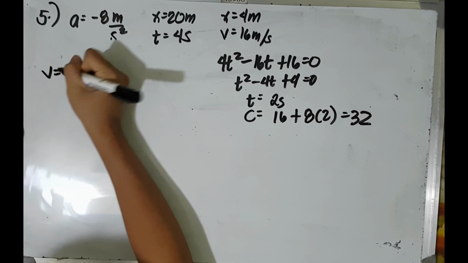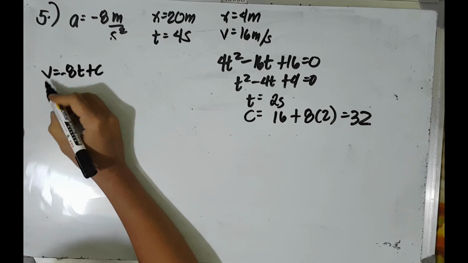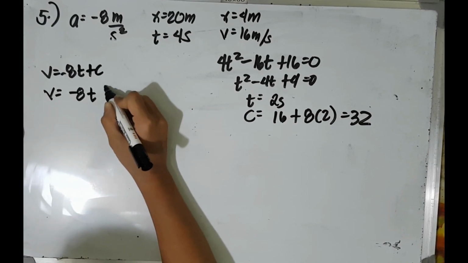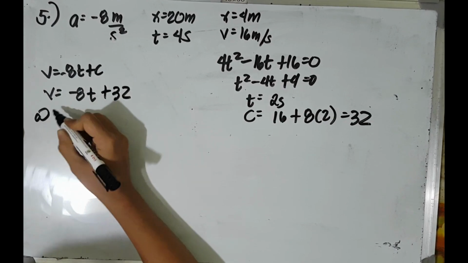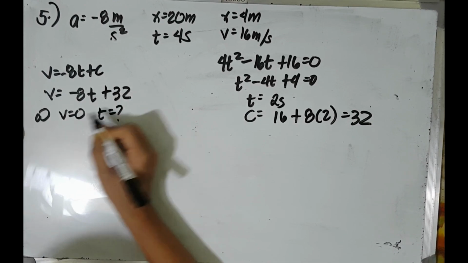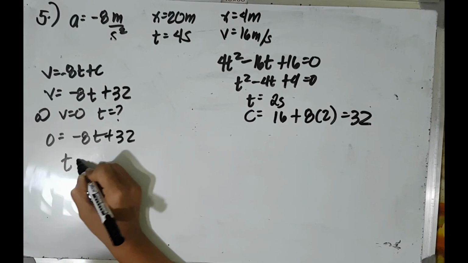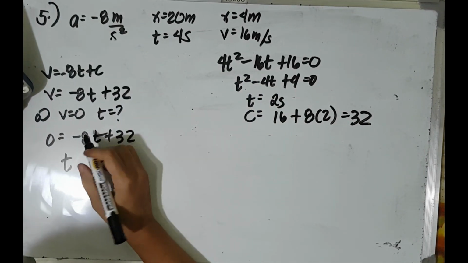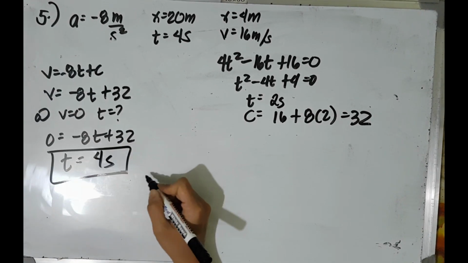So, we have velocity equation kanina. Substitute lang natin yung value ng c with 32. And then, equating 0 sa v. Therefore, t would be equal to 4 seconds. So, the time is 4 seconds when the velocity is 0.